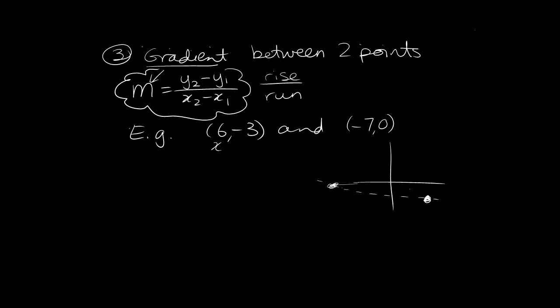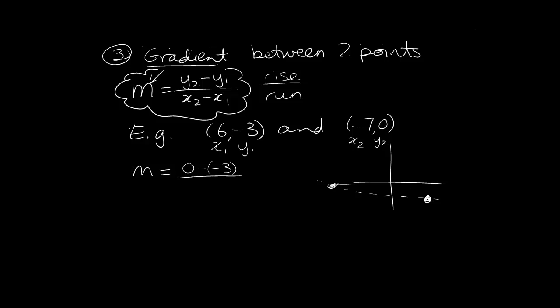As per usual, we'll call that one x1, y1, and that one x2, y2. Putting it into the formula, m would be equal to y2, which is 0, minus y1, so it's going to be 0 minus -3 in this case.